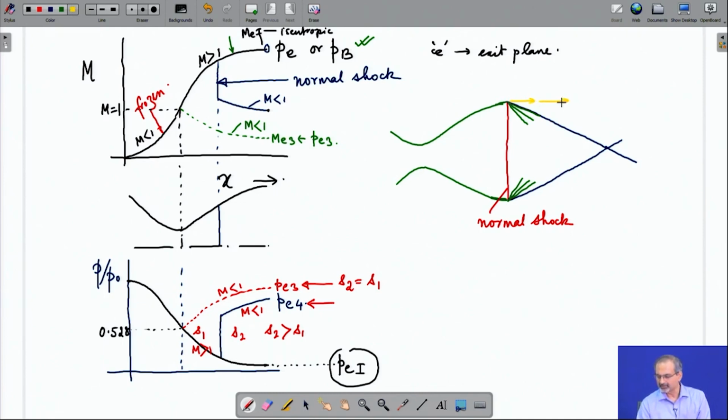That case gave you a supersonic jet which was just moving out straight without creating any further waves in the flow field. So, this is the case for MEI or PEI. What about the rest? The rest are interesting cases. So, this is normal shock at the exit plane, this is oblique shock at the exit plane, this is expansion fan at the exit plane.